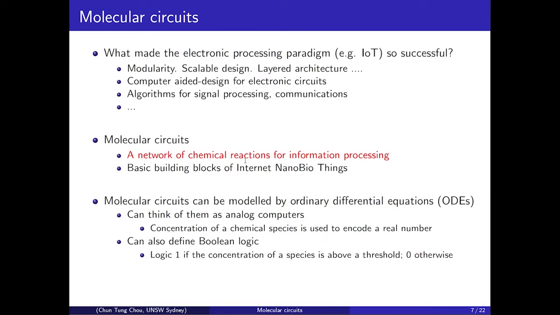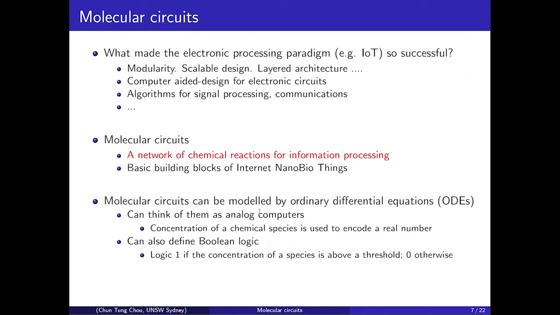These molecular circuits will form the basic building blocks for the Internet of BioNano things. And we can model these molecular circuits using ordinary differential equations because they are built from chemical reactions. Because they can be modeled by ordinary differential equations, one way to think about these molecular circuits is as analog computers.